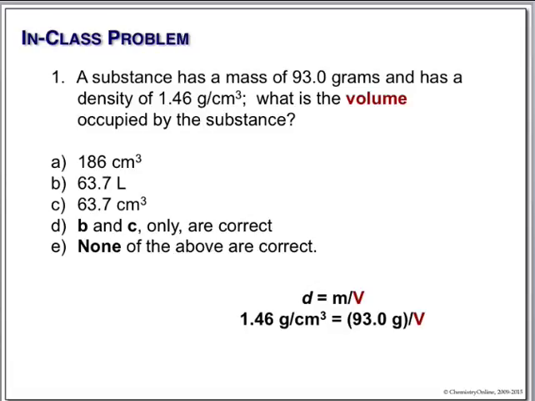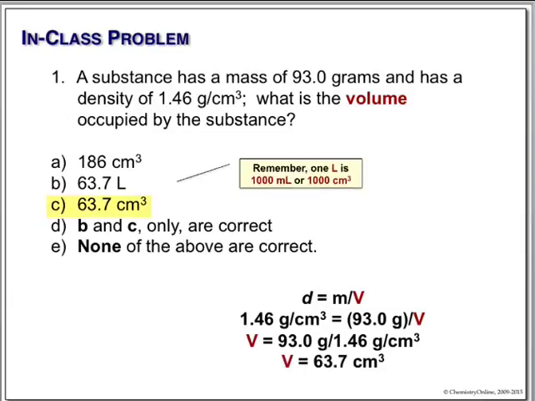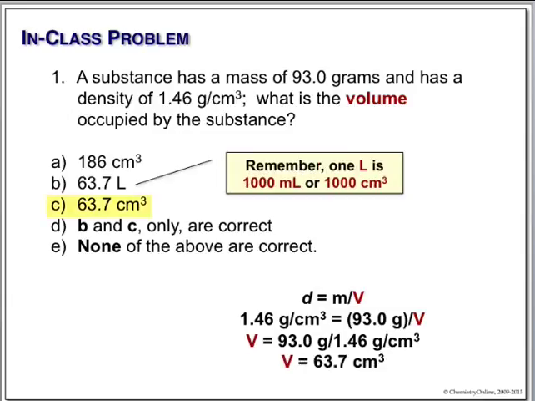Here I've substituted in, here's our density, here's our mass. We need to move volume over. There you go. And now we simply do the calculation. 93 divided by 1.46, and it's 63.7. And by gosh, that's one of our choices.